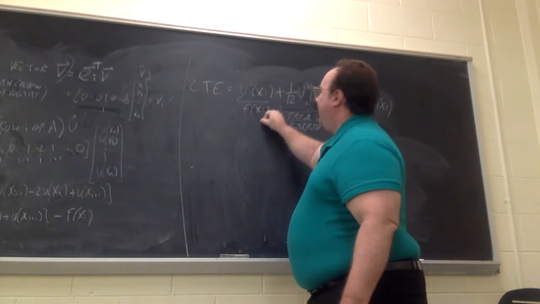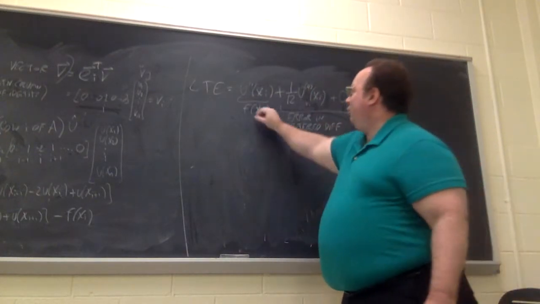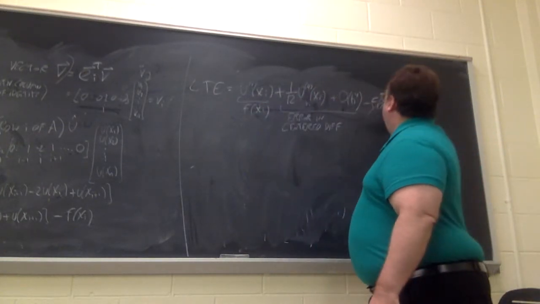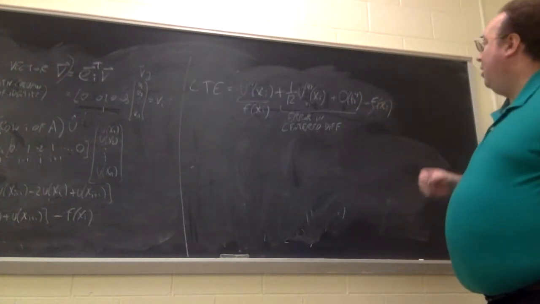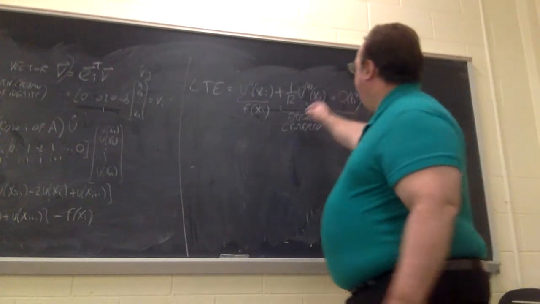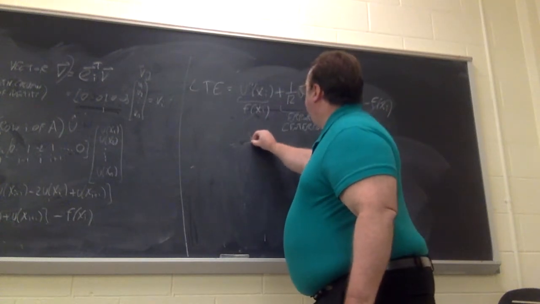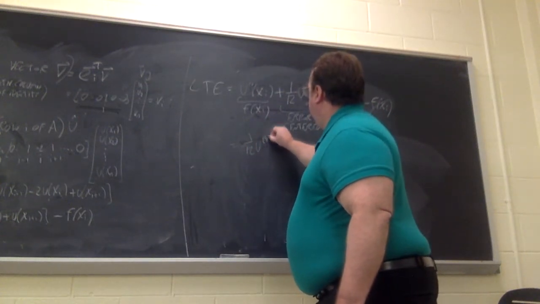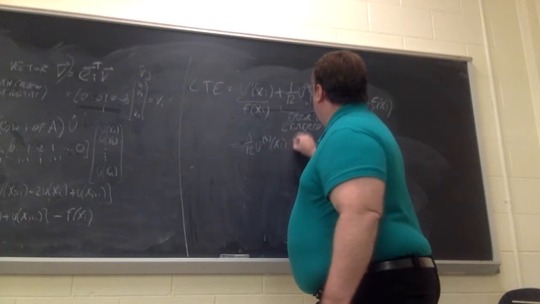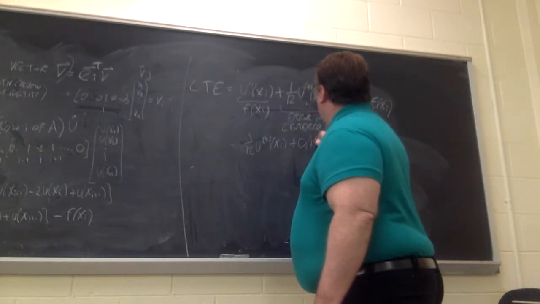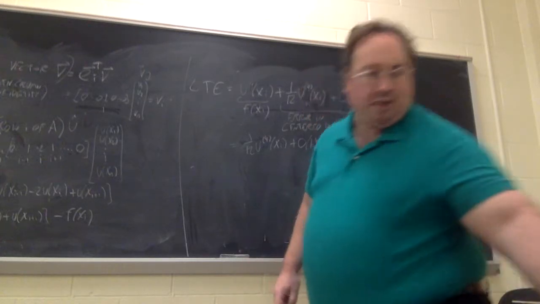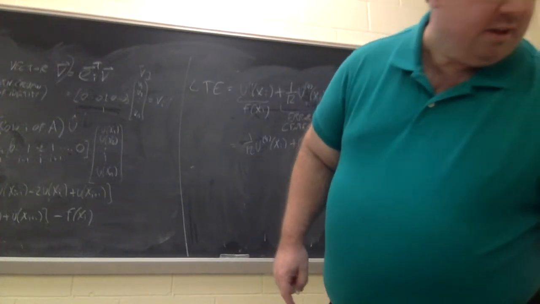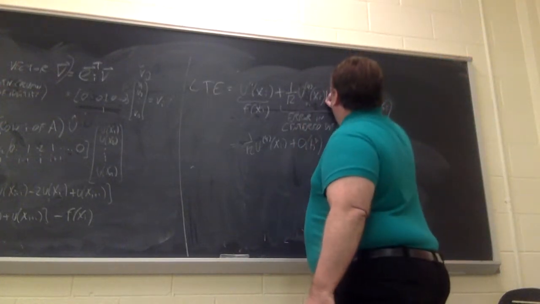So I can fill that in, and voila, cancellation. So all that's left is the error term from the center difference. Wait, I missed something. There's supposed to be an h squared in here.